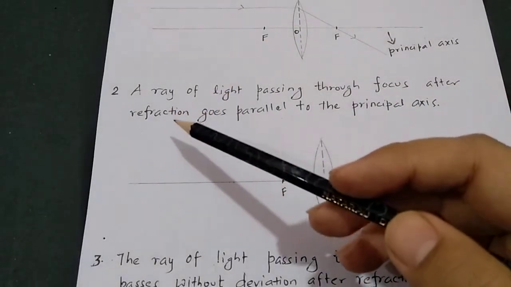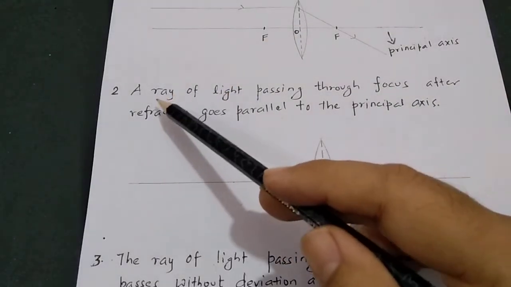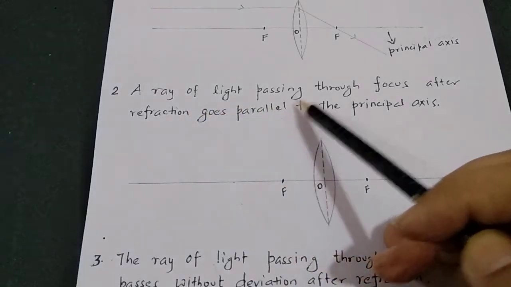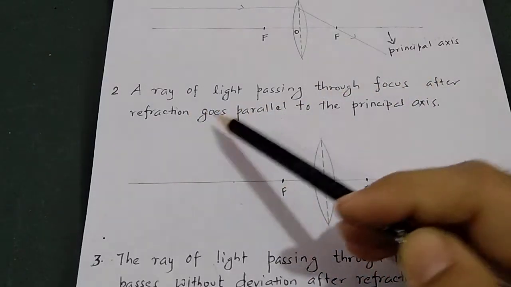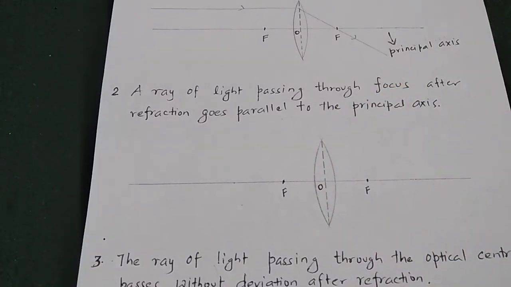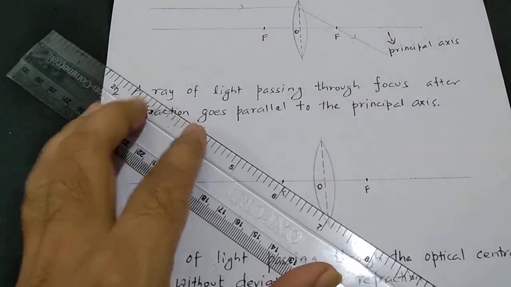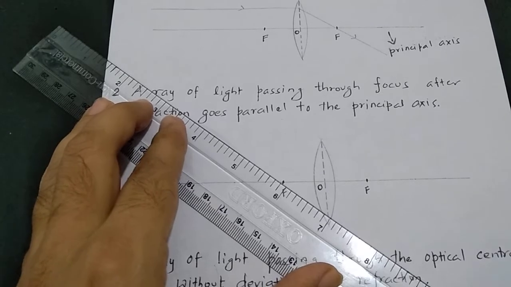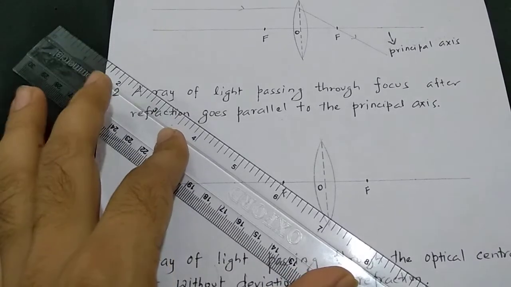So friends, what does rule number 2 say? A ray of light passing through the focus, after refraction, goes parallel to the principal axis. Now let's draw the ray of light passing through the focus.